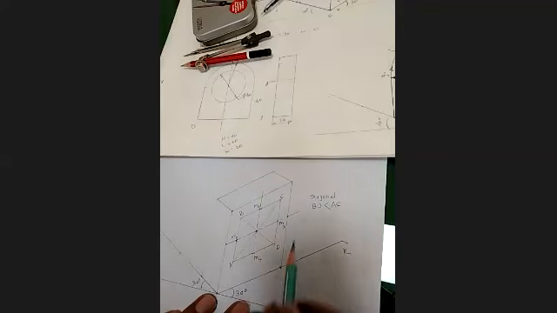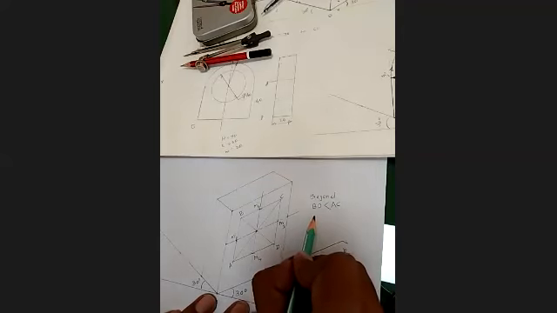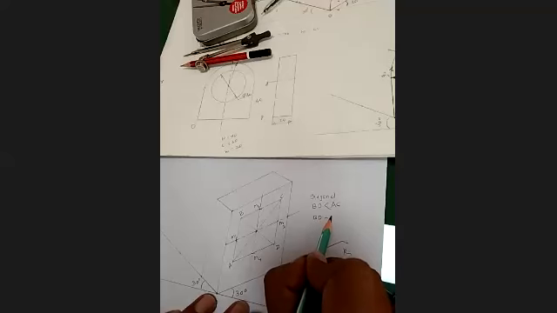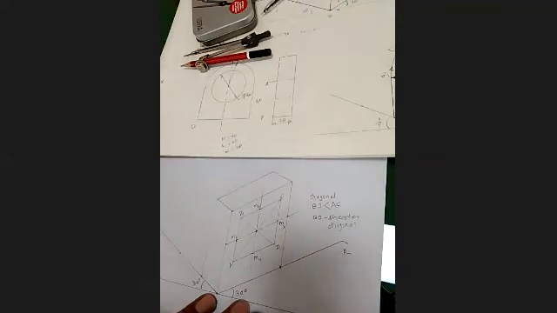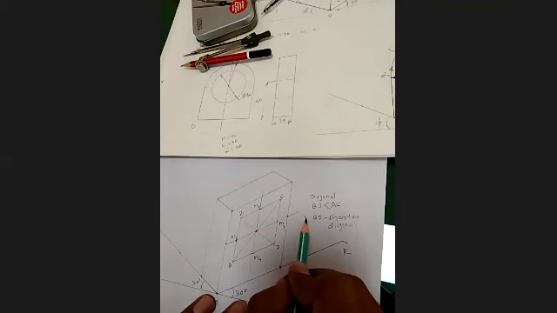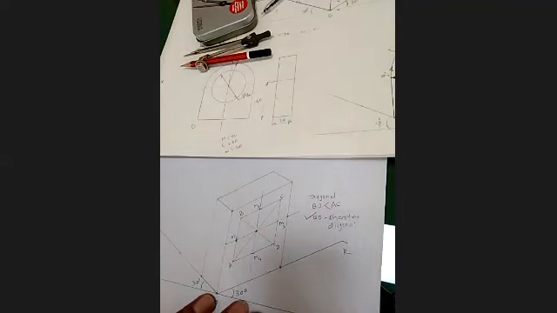Okay, BD is so shorter diagonal. Okay, understood? This shorter diagonal we have to choose for further steps. Okay.